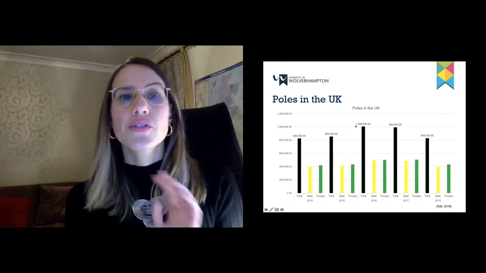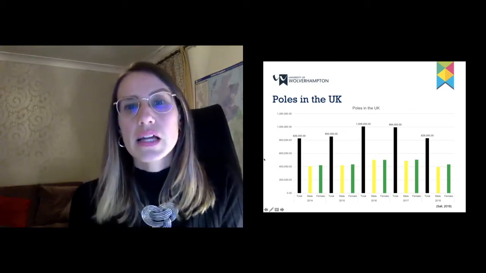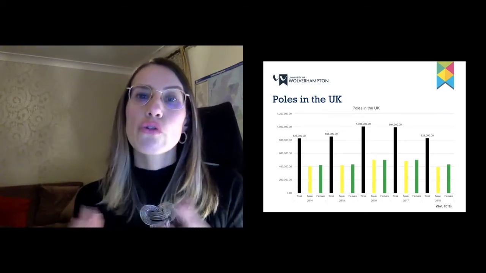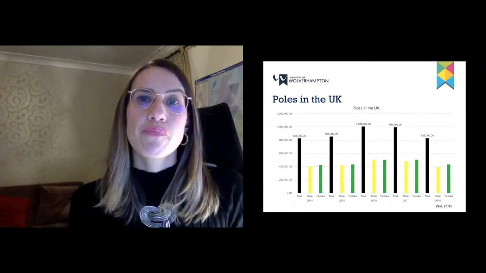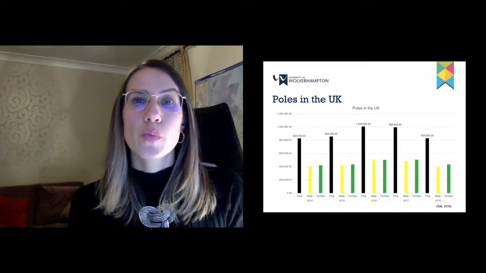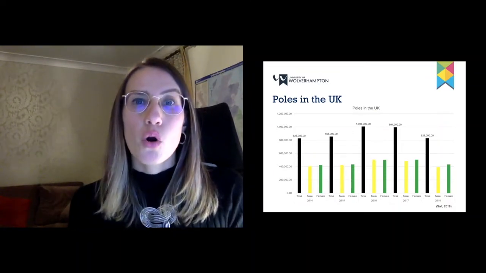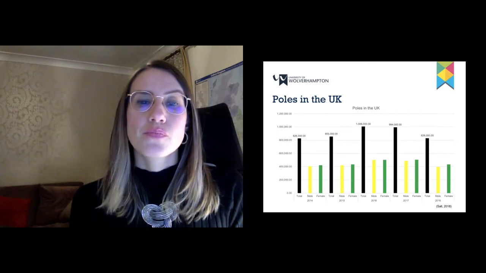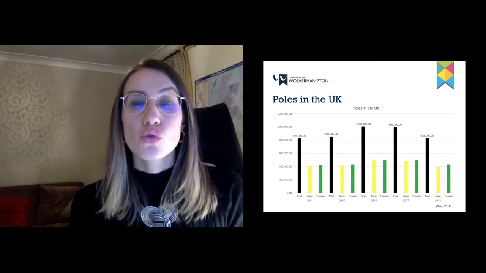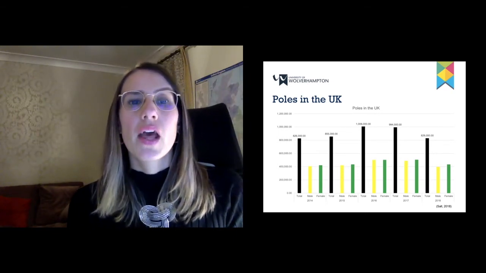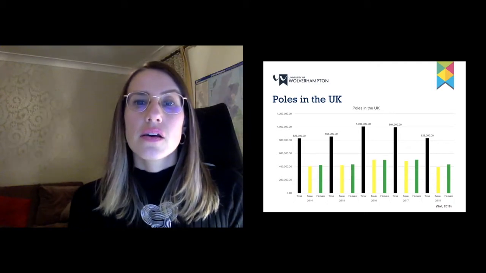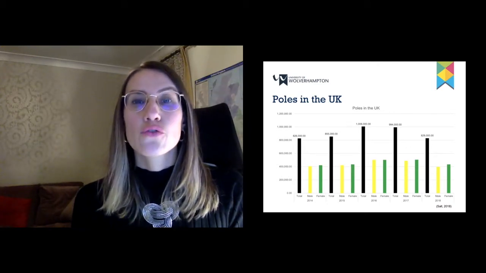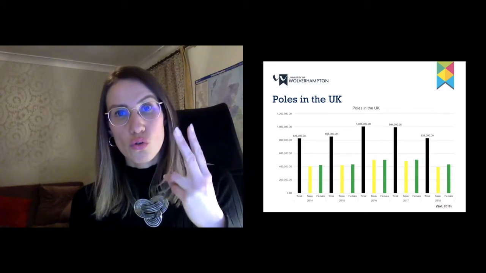Let's look at this chart. This chart shows the numbers of Polish migrants, of Polish citizens in the UK from 2014 to 2018, and here I would like to draw your attention to two facts.